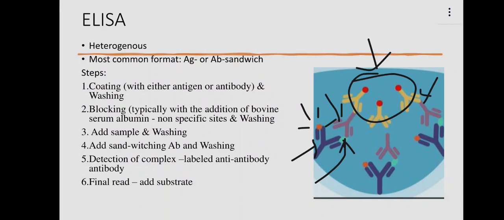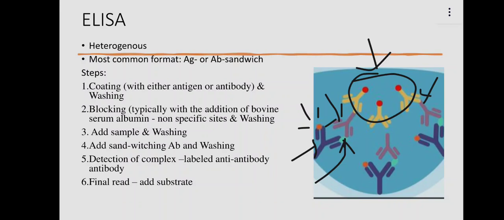So the final step obviously involves the addition of the substrate and measurement of whatever change is taking place. So the most common being spectrophotometric, where there is a change in absorbance at a given wavelength as the product is formed.